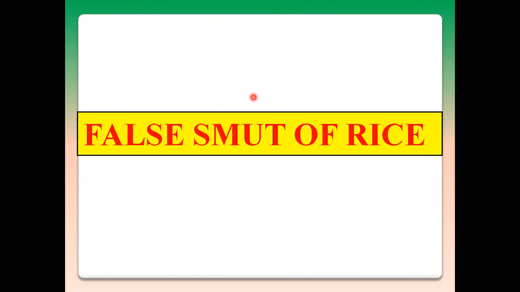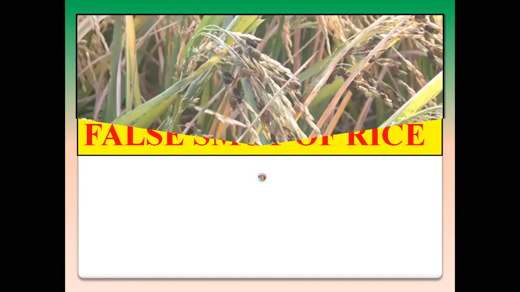Okay, now we discuss the most important disease seen in rice, that is false smut. So this is the most important disease seen in rice.